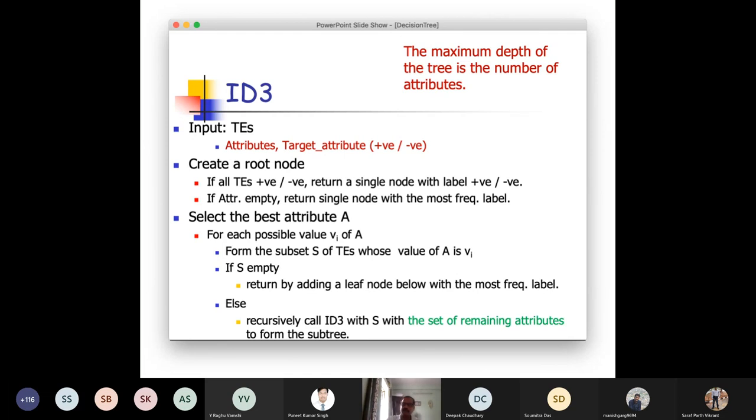Suppose the condition is that if the attribute is empty, then return a single node with the most frequent label, which means the attribute values are maybe missing at that point. That is what it is saying.